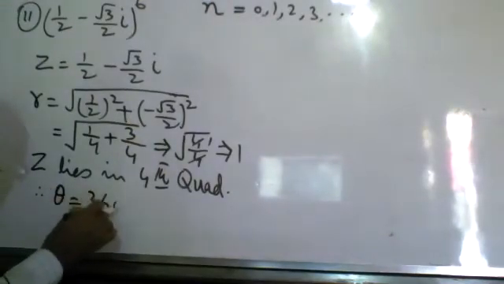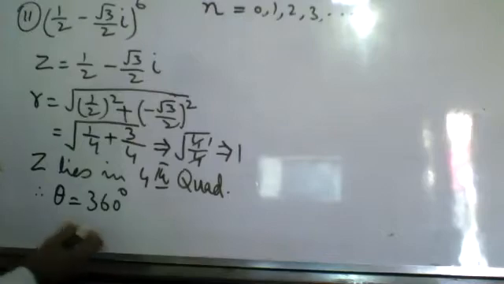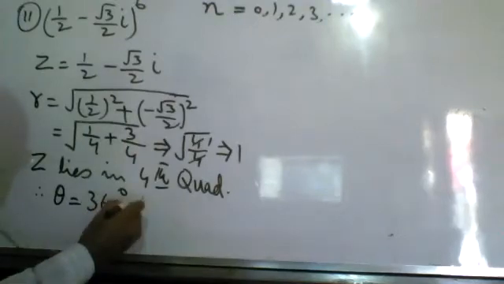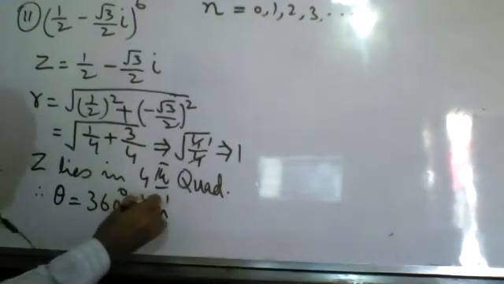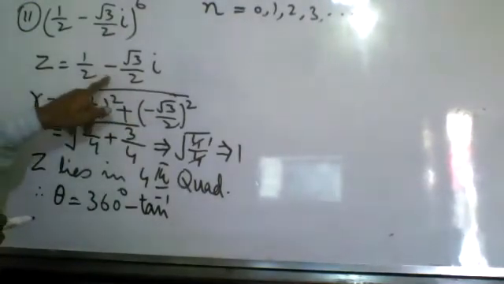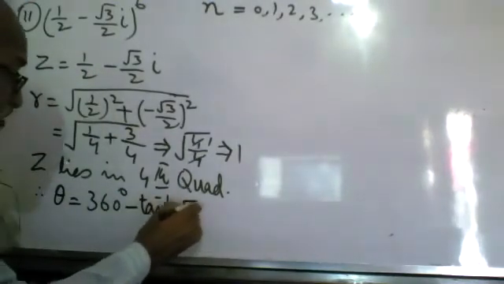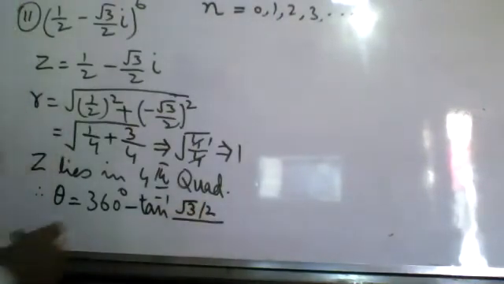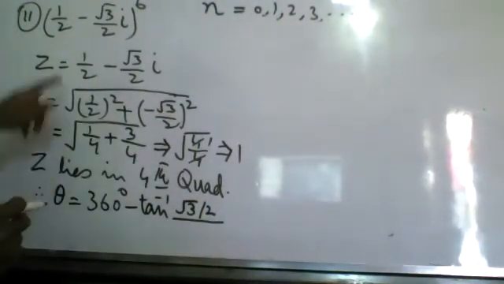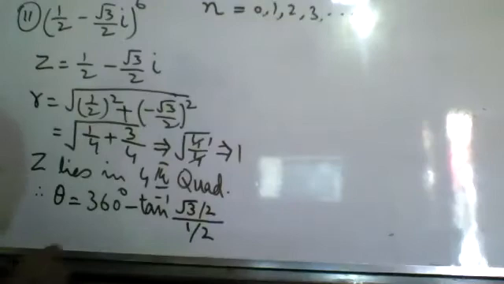Therefore, theta will become 360 degrees, if we are taking degrees. Otherwise, if we are taking radians, it will be 2 pi. Instead of 360 degrees, we write 2 pi, minus tan inverse of the mod of the imaginary part. This is negative, so we take the mod, which means we take only the positive value, √3/2 upon the real part. Real part is 1/2. 2 is cancelled by 2.